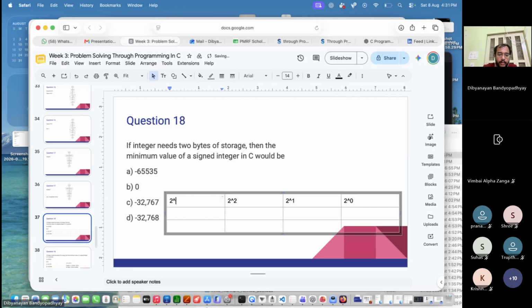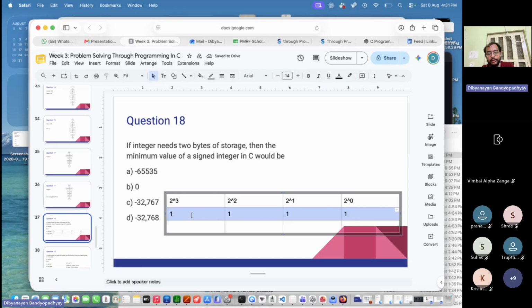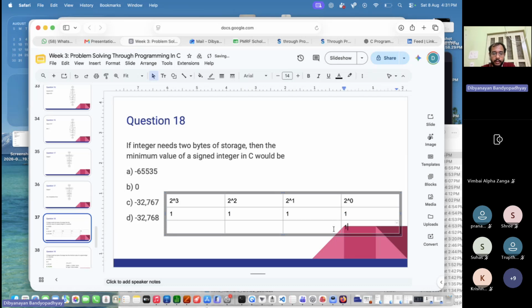And what is the highest value possible here? You just place 1, 1, 1, 1 everywhere. Then what is that actually? It evaluates to 15. 2 to the power 0 means 1, this is 2, this is 4, this is 8. So 8 plus 4 is 12, 14, 15.